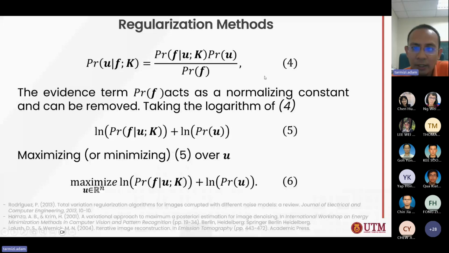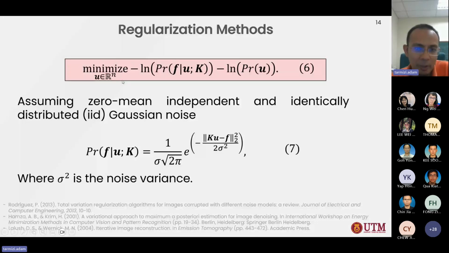If we take the logarithm of equation 4 and maximize or minimize over u, you have equation 6. If you maximize and you want to minimize, then you change the sign. So then you will have this minimization, because we want to find the image over here, and then you have this probability, and this one is the prior probability.